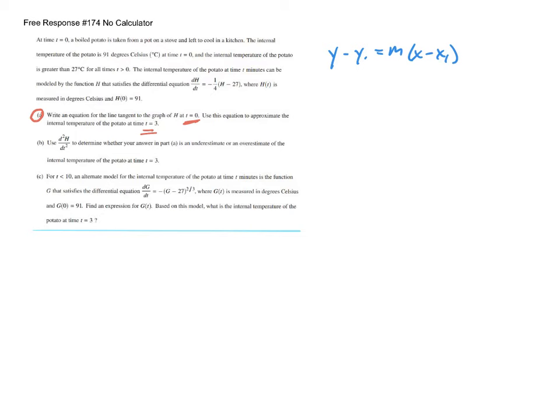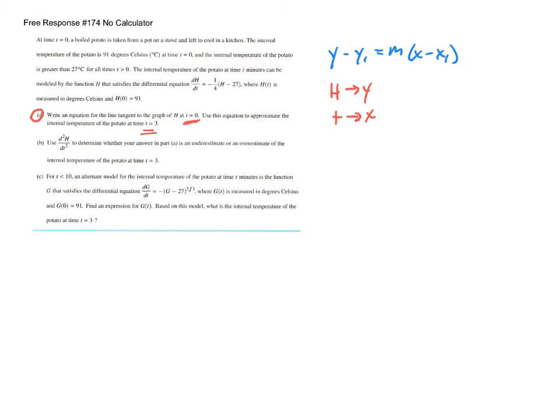We know that we need a derivative for slope. The problem with our problem is that you'll notice we don't have x's or y's listed in this description. We have h and we have t. h is serving the role of y, and t is serving the role of x.